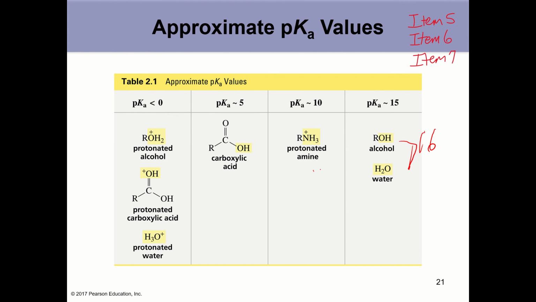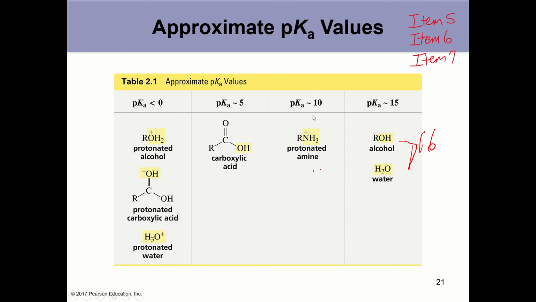So here we have our approximate pKa's, a summary of some of the pKa's that we've discussed to this point. Protonated alcohols, protonated carboxylics, and protonated water are all less than 0. Carboxylic acid has a pKa of approximately 4 to 5. The protonated amine has a pKa of 11.